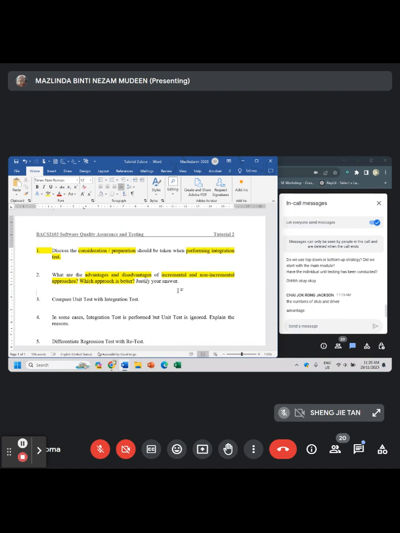because there is no strategy that can be used in the non-incremental approach. So in that case, depending on the module we want to test individually, we will need driver and we also need stop. So the work we do to generate them is more. So here the advantage is for the incremental approach and the disadvantage is for the non-incremental approach.